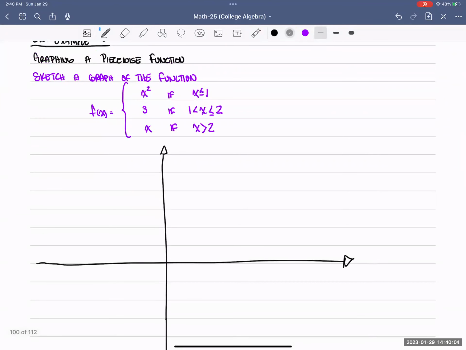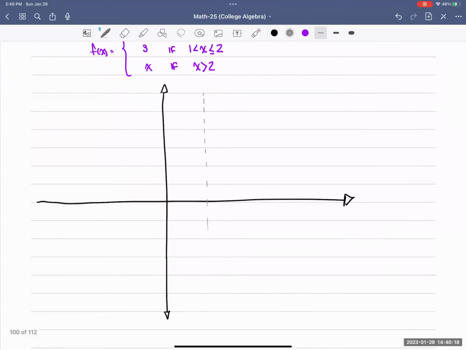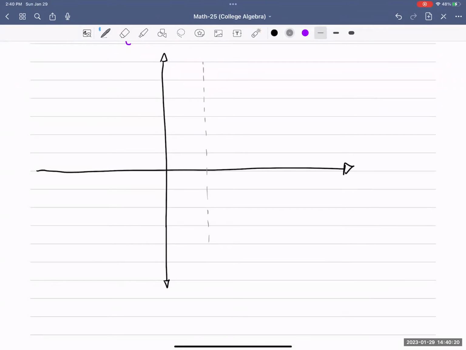Again, I notice a break for x equaling 1 and also for x equaling 2. So I'll say that this is 1, and this right here is 2. So this is x equals 1. This is x equals 2.